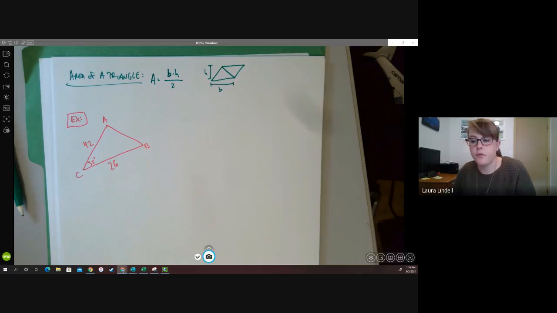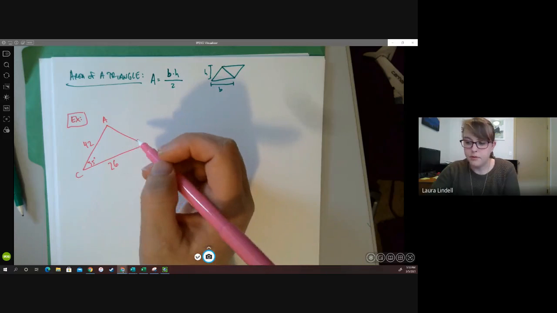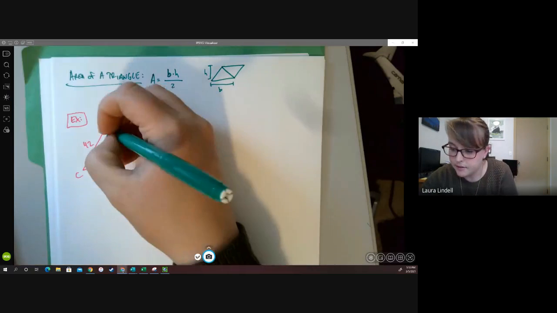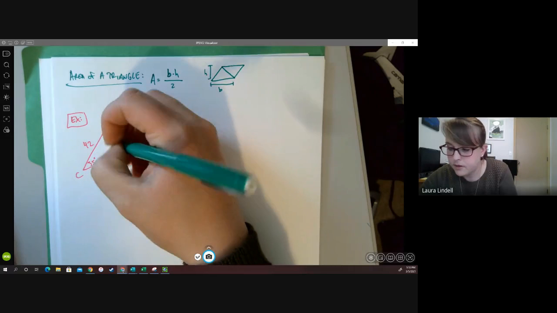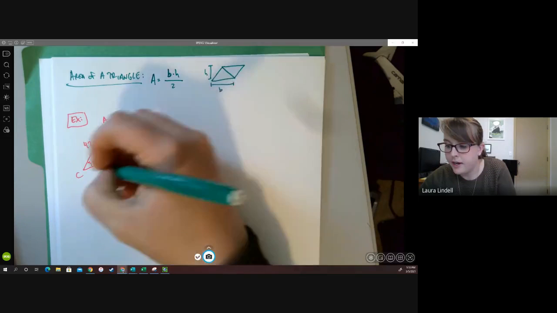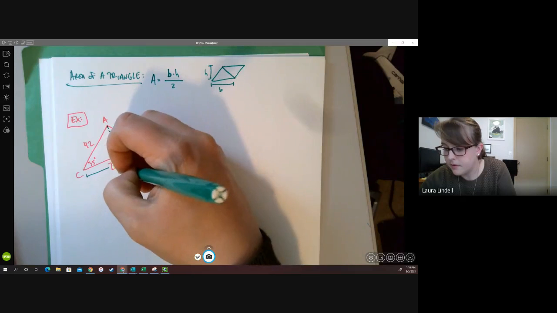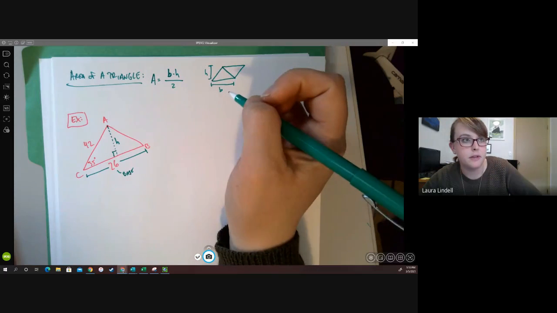Okay, so if we're thinking about this triangle, this is going to be the easier of the two cases, because it doesn't really involve doing any law of sines or law of cosines or anything like that. It does involve using sine, but you don't actually have to find the third side or any other angles, because what you can do with a triangle is you can drop a height from one corner to the opposite side. And then if this is the height, this would be considered the base. Because the base and the height have to be perpendicular.